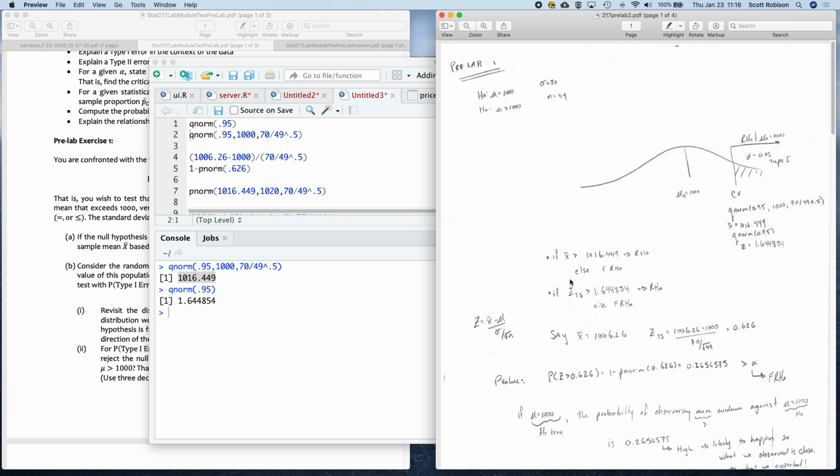And if you are making test statistics in standard form, that is, you are using this formula to get the test statistic, then instead of using the number 1,016.449 for the critical value, you would use the critical value in terms of standard z-scores, which would be 1.644. So if your x-bar is bigger than this number, you'd reject, but if your test statistic was bigger than this number, that's where you would reject.